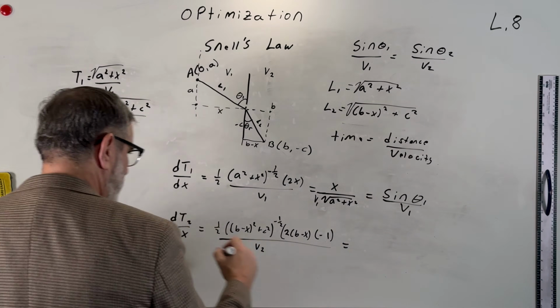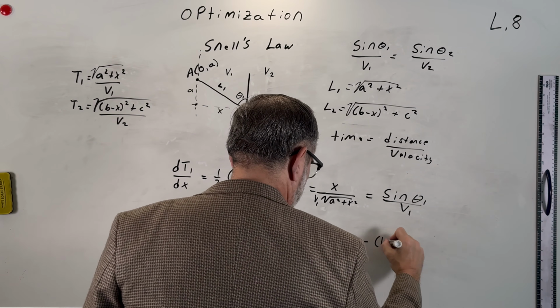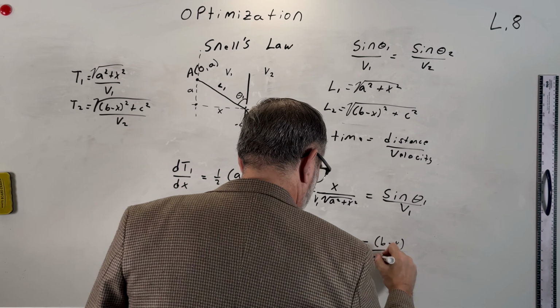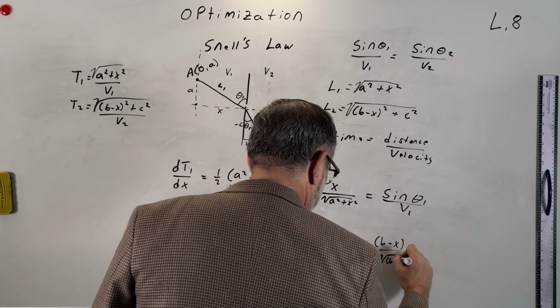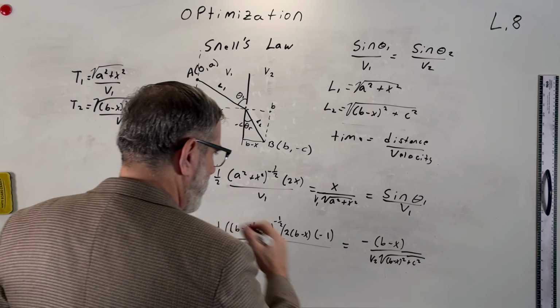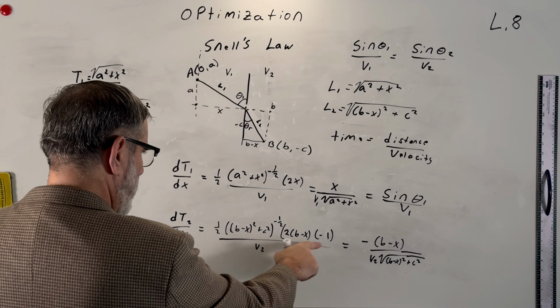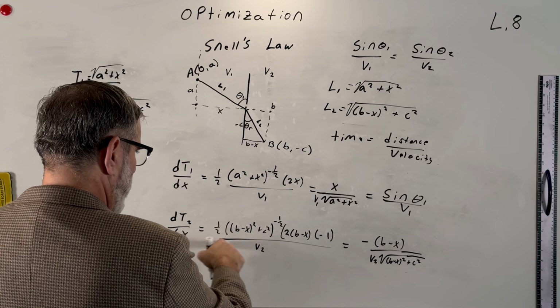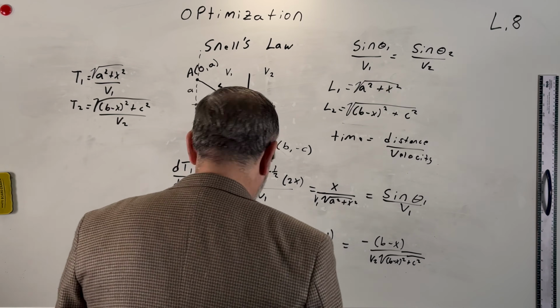And so this will simplify to minus b minus x over v2 times the square root of b minus x squared plus c squared. The 2's went away, got the b, yes, I think that's it.